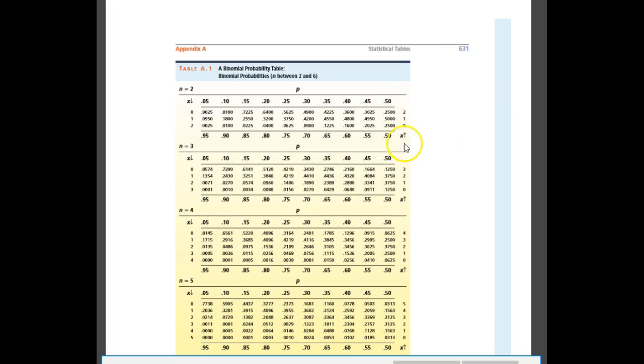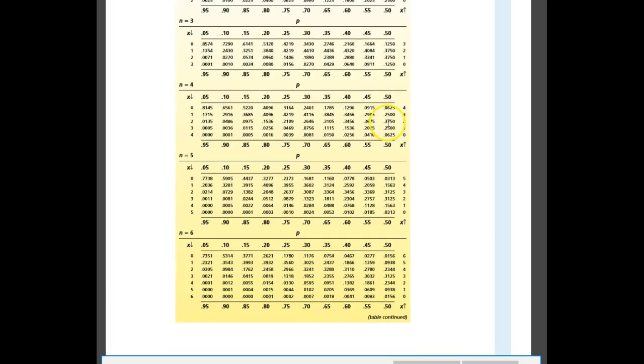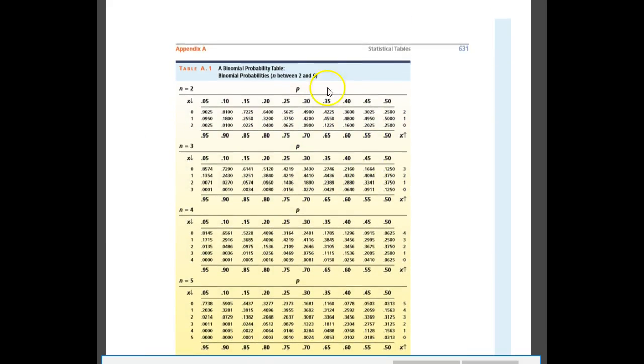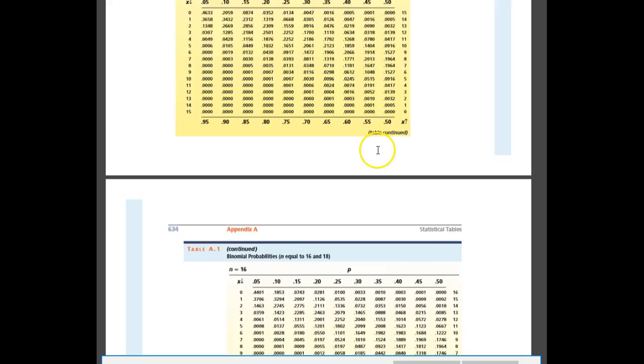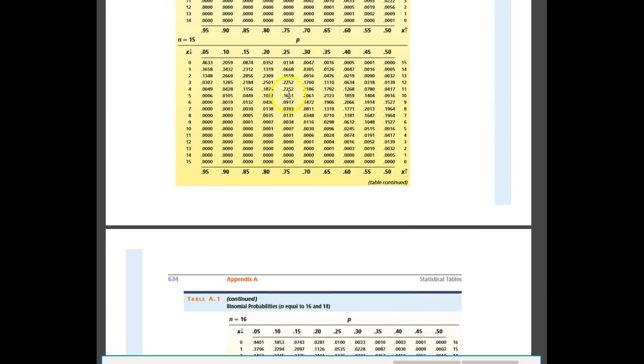So we want to find what our n value is, the number of trials that we're doing. We see we have 2, 3, 4, 5. We want to find 15. There's 15 right here. Then we want to find the p-value that we're using. So these tables are set up pretty interestingly. The p-values on the top go in ascending order, and then you'll notice the p-values on the bottom go in descending order.